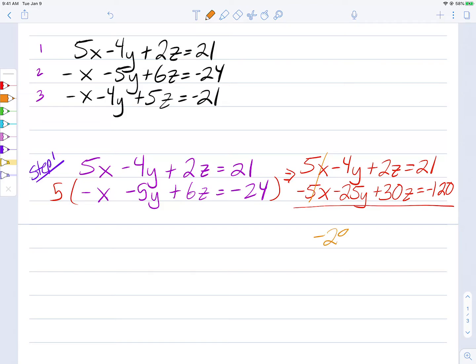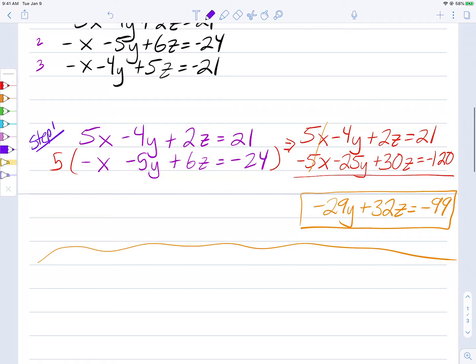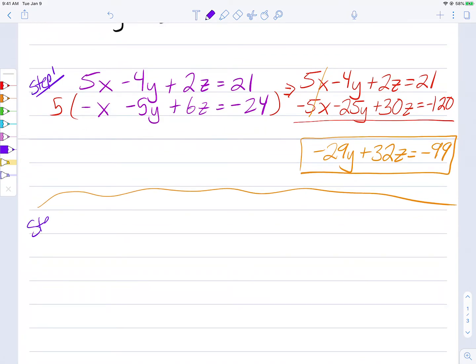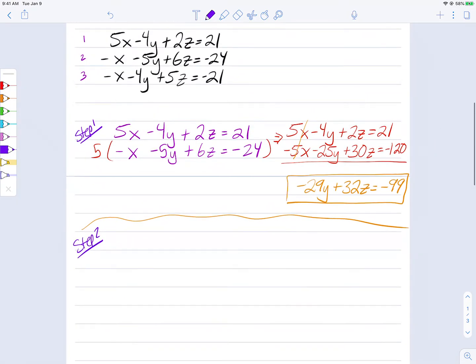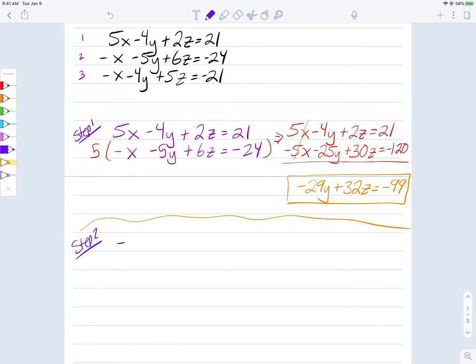I have a negative 29y, I have a plus 32z, and 21 minus 120 is negative 99. So I've just created my first equation. That is step 1. Step 2 says to take equations 2 and 3 and eliminate the exact same variable.